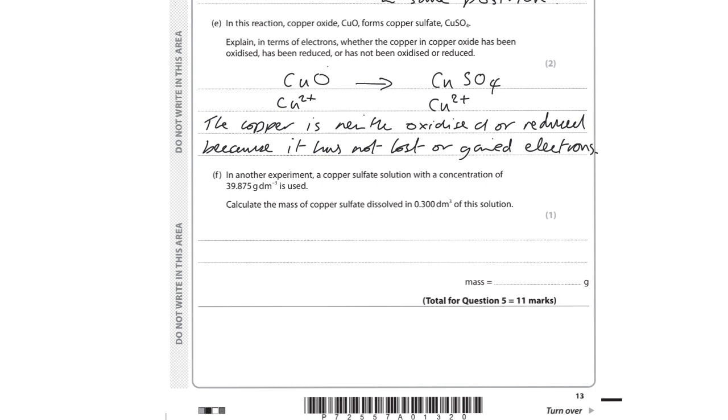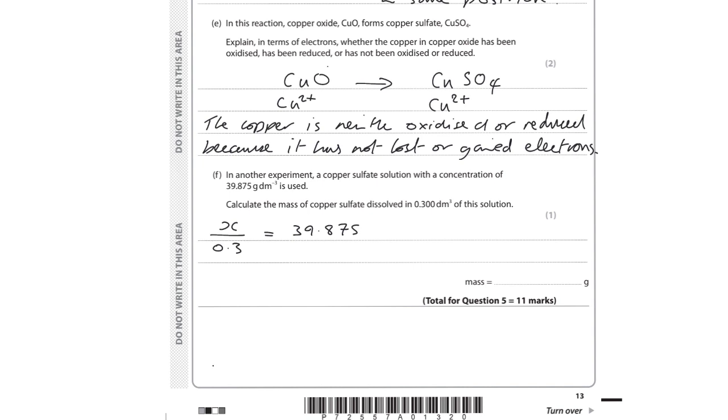And the last bit, in another experiment, copper sulfate solution with a concentration of 39.875 grams per decimeter cubed is used. Calculate the mass of copper sulfate dissolved in 0.3 decimeters cubed of this solution. Well, the way I would work this out is I would say x grams divided by 0.3 decimeters cubed equals 39.875 grams per decimeter cubed.